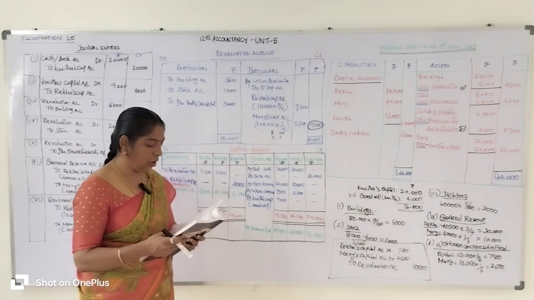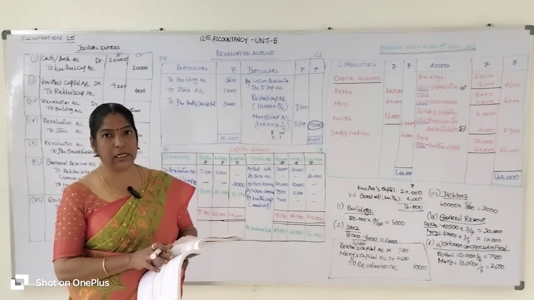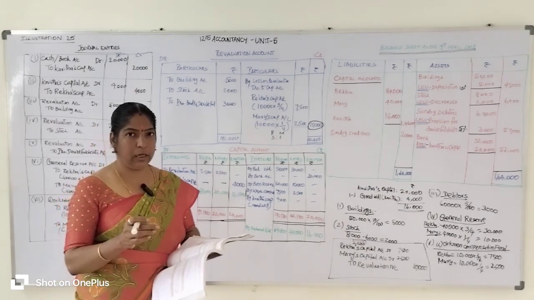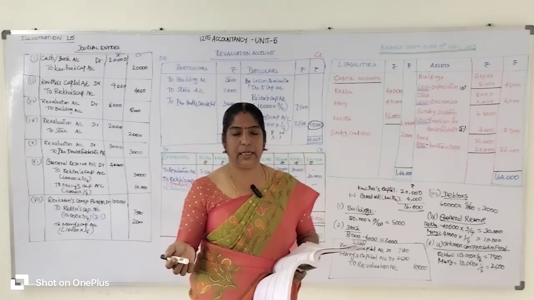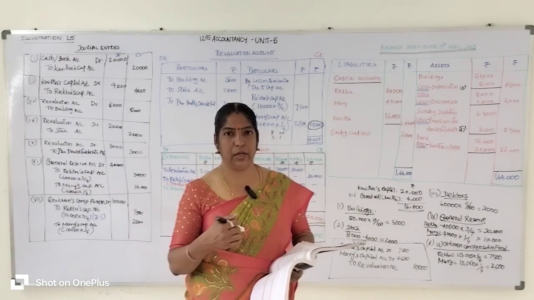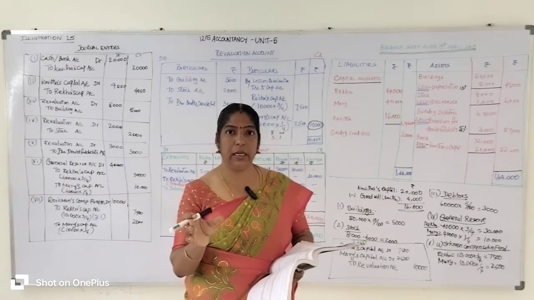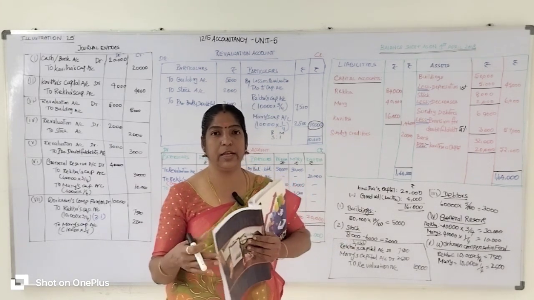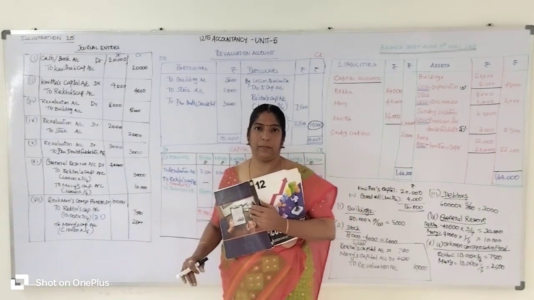First of all we are going to prepare the proper necessary ledger account. Here also I want to give one piece of information. Whenever I take accountancy classes, my students ask to prepare the ledger account directly, even though I advise my students to pass the journal entry from the question.